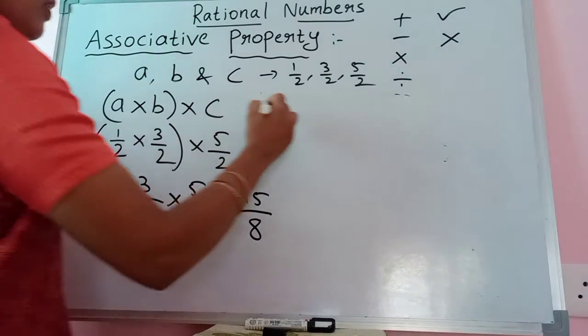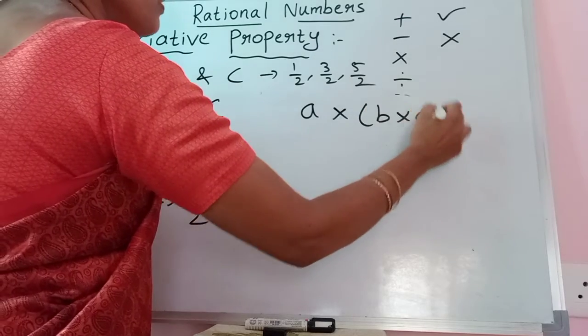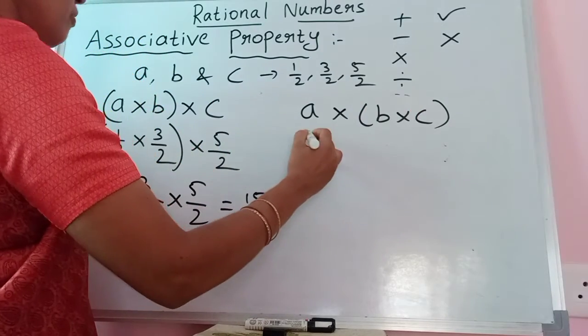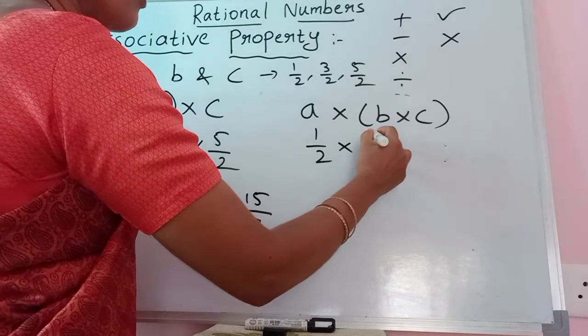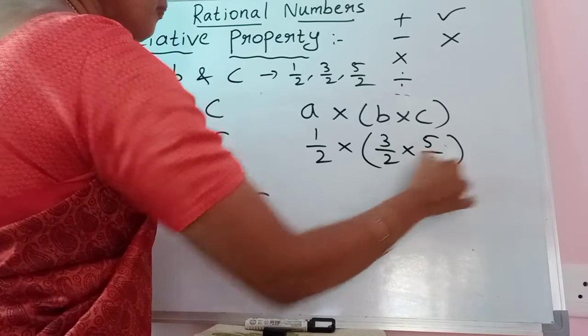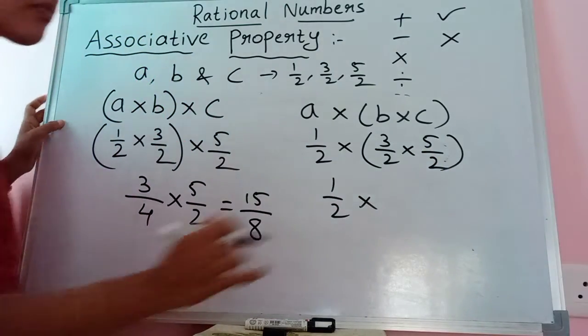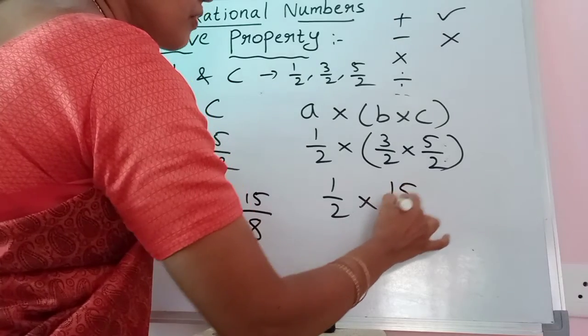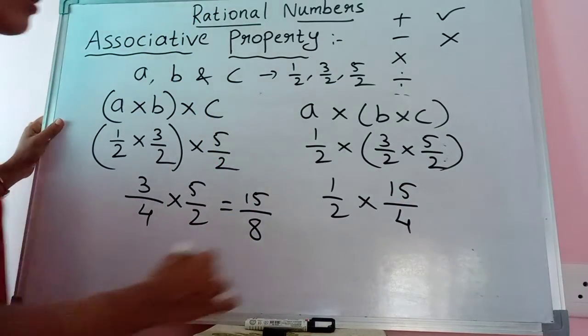Now we will see the other side, that is a x (b x c). First I am finding the product of b and c. a as it is, I am taking 1/2, and 3/2 times 5/2. First I am multiplying these two, b and c. 3 times 5 is 15, 2 times 2 is 4, so 15/4.